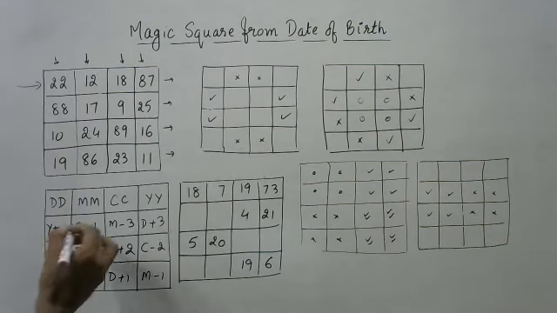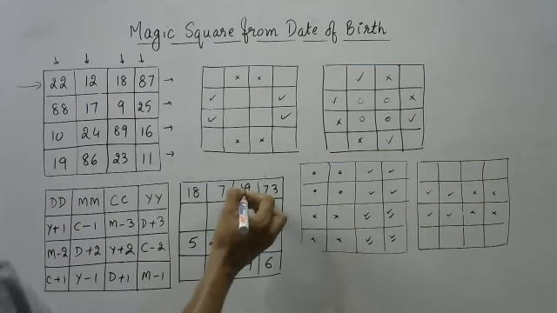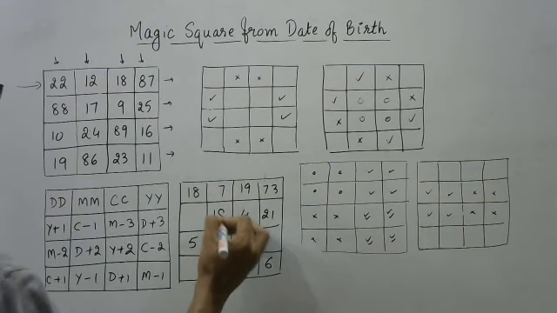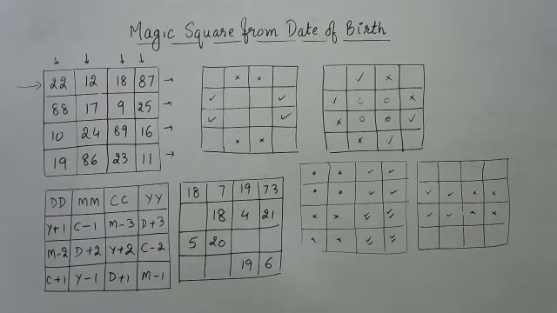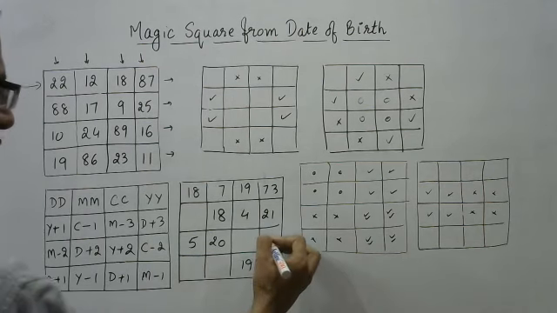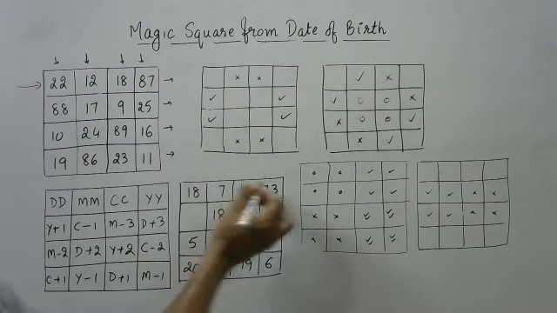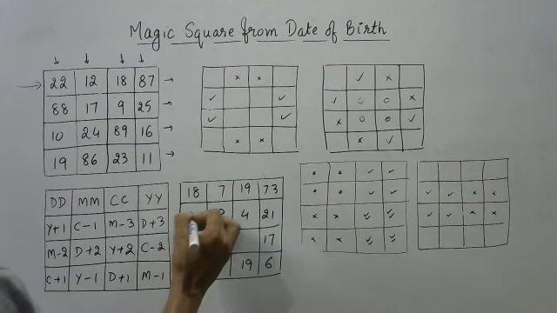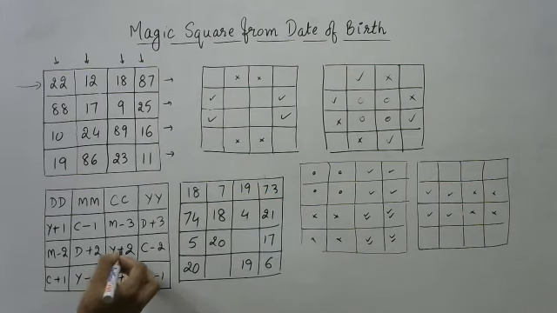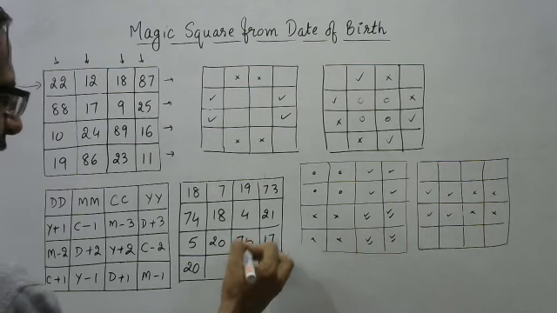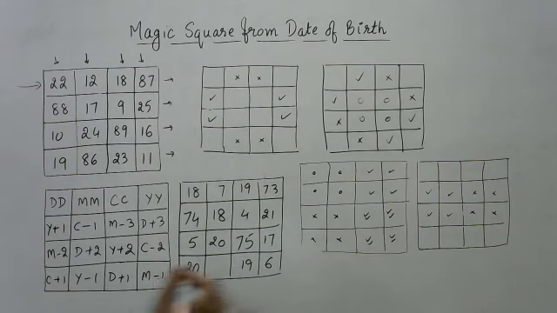Now come to the century: C minus 1, so 19 minus 1 is 18, which comes here. C minus 2, so 19 minus 2 is 17, and C plus 1, so 19 plus 1 is 20. And finally the year: 73 plus 1 is 74, which comes here, plus 2 is 75, which comes here, and minus 1 is 72, which comes here.